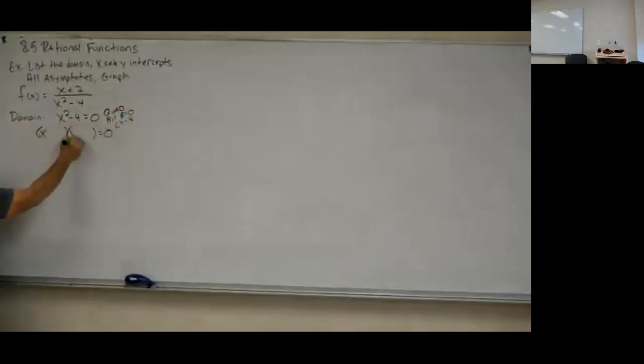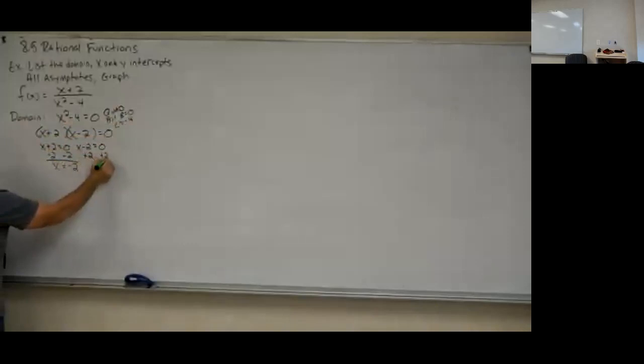That's an x and an x. The 4 is negative, so I have unlike signs, and the factors of 4 that would give me 0 would be 2 and 2. Then you just solve both of the little mini equations. So we get x is -2 and x is a positive 2. Those are the two values I'm going to kick out of my domain.